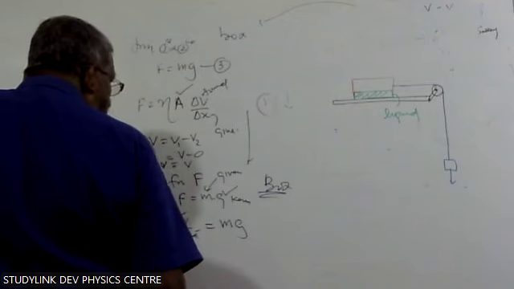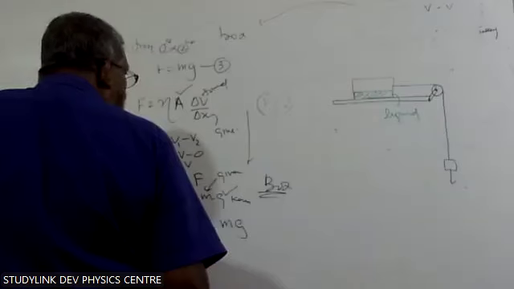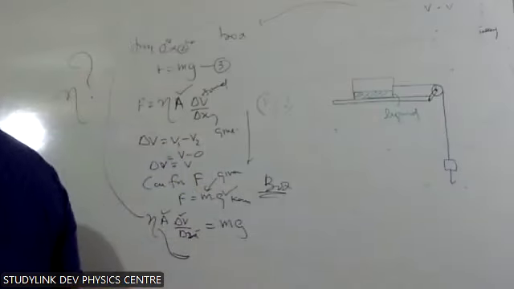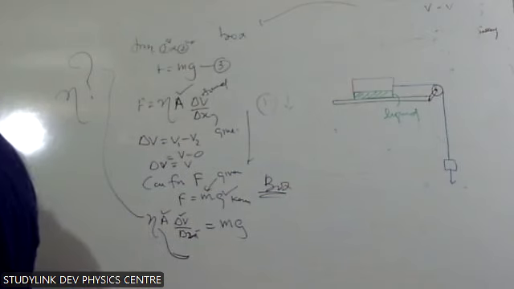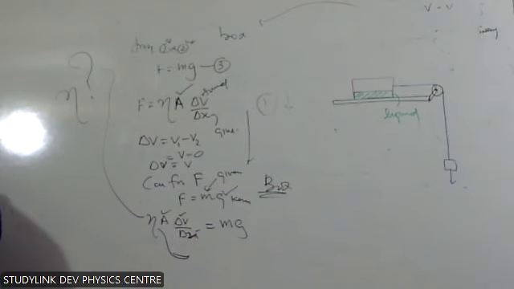When the system is left free, the plate moves to the right with a constant speed of 0.17 meters per second.